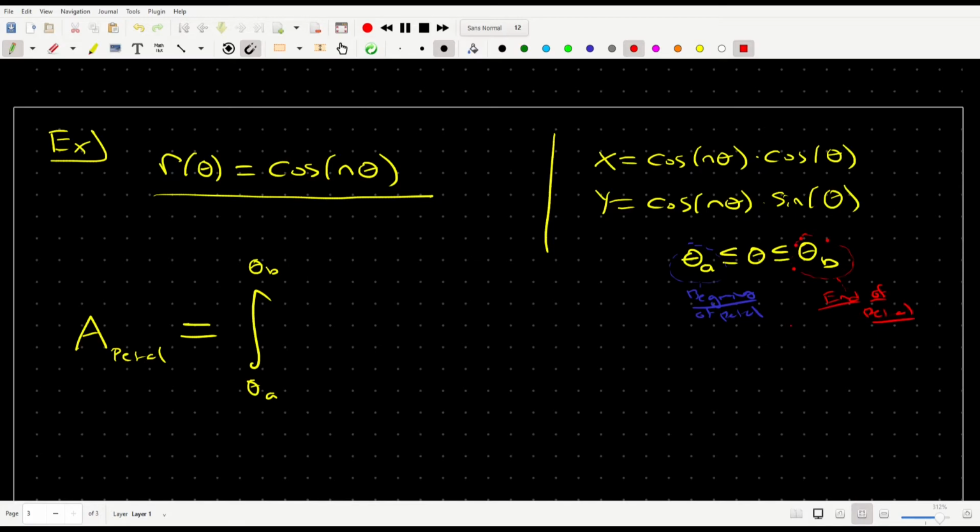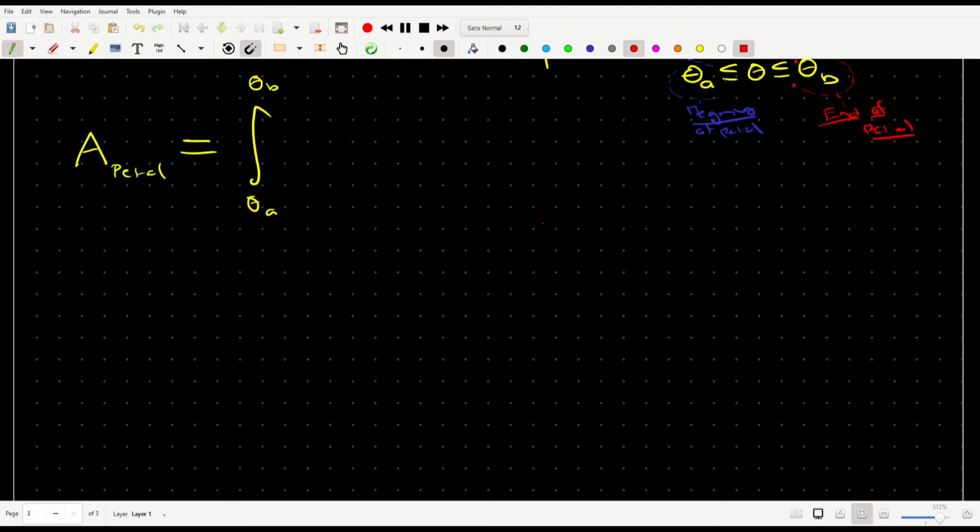So the radius should be going to 0 at each of these values, theta A and theta B, as the curve stretches around. At the beginning it's at the origin, it loops around once, and then it comes back and ends at the origin again.